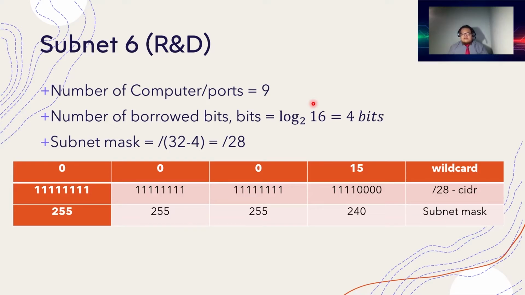So here we are using log2 16 because it is more than the number of computers or ports, and the borrow bits are 4 bits. The subnet mask that we get is mask 28, from 32 minus 4. The wildcard is still the same, and so are the CIDR and the subnet mask, as in the last three subnettings.